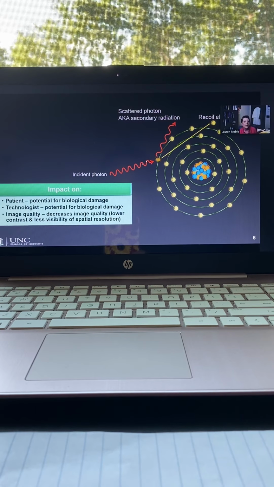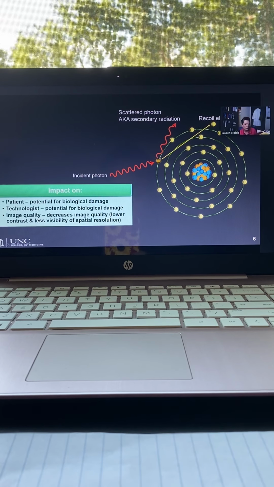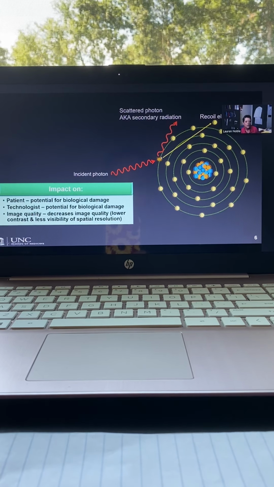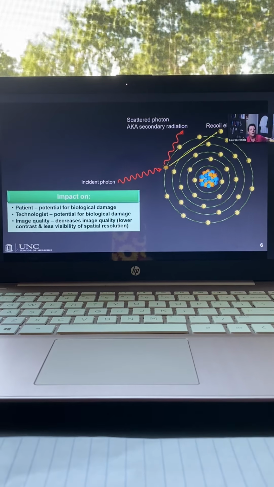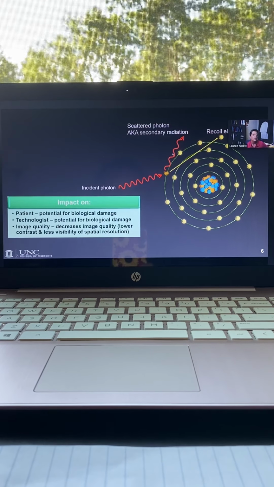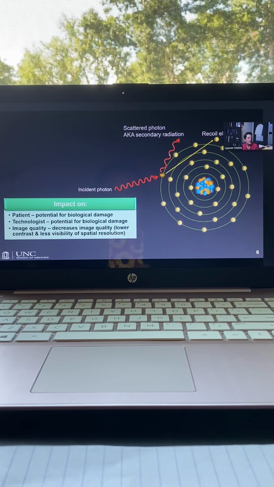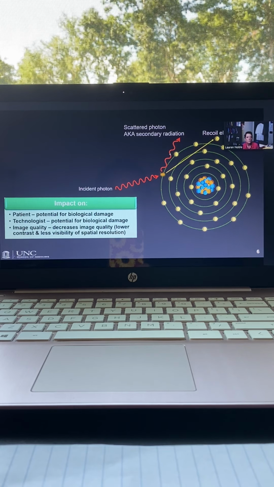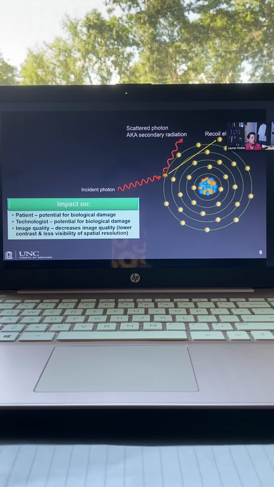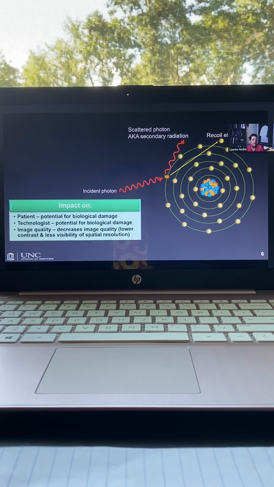Well, the scattered photon does not lose a lot of its energy because this electron is so loosely bound. So this photon will still retain quite a bit of energy. For example, maybe there's a procedure being done and the kVp being used is 120 kVp.